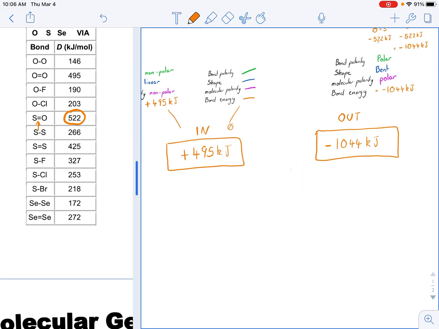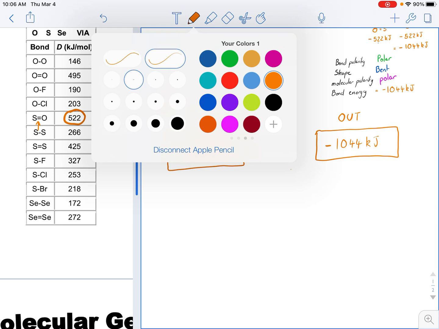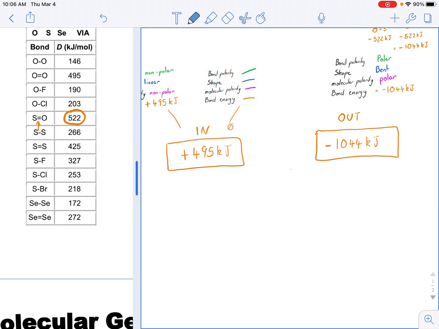So now if I want to find the total energy for my system here, it's going to be 495 kilojoules minus 1,044 kilojoules. I'm going to throw that in my calculator. 495 minus 1,044 equals negative 549 kilojoules.